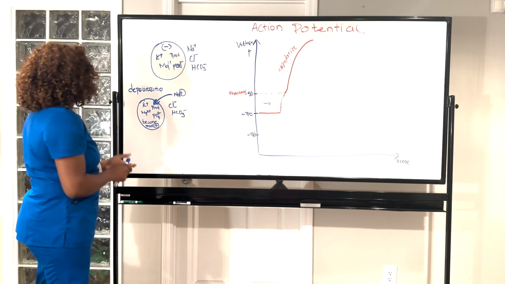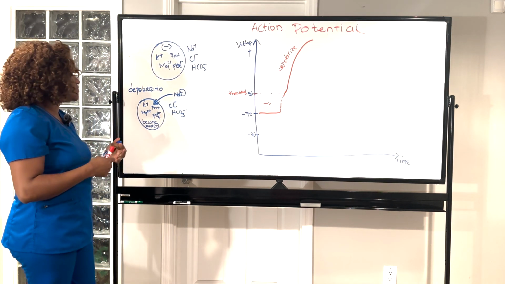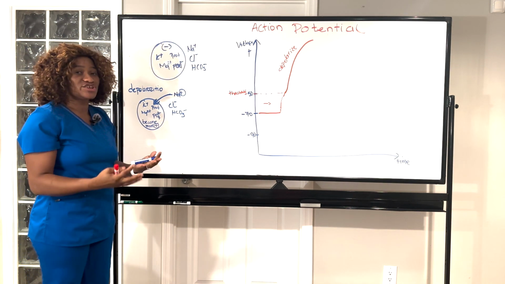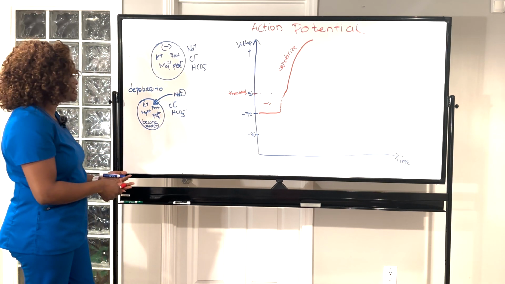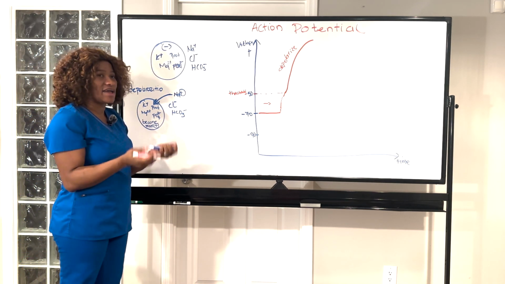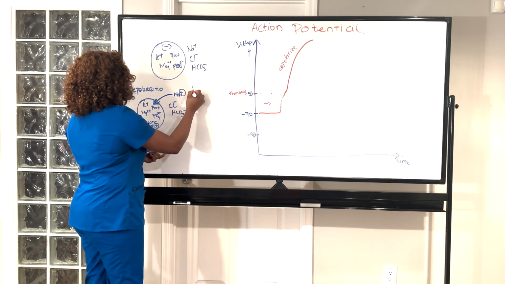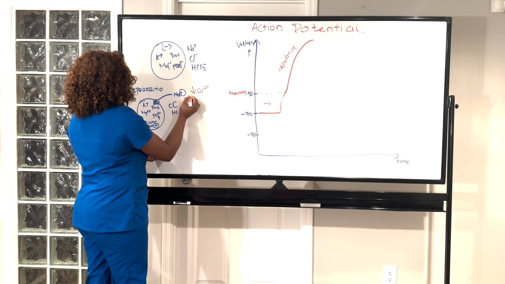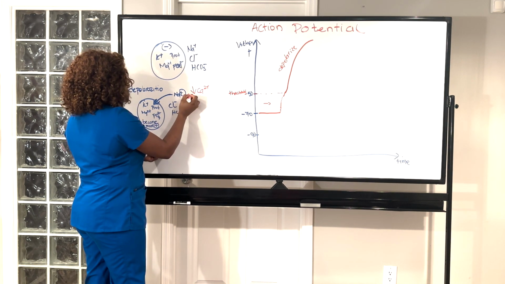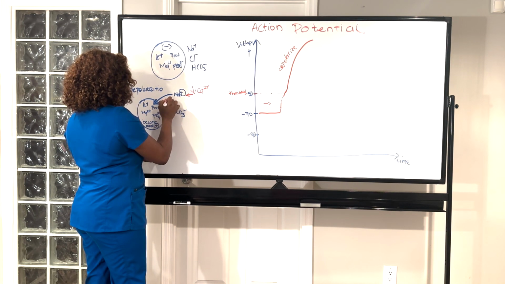Now, at this point, there are some ion interactions that can cause some disturbance of this process. Let's say we have a hypocalcemia, a decrease in blood calcium. It is going to keep the sodium channel here open.